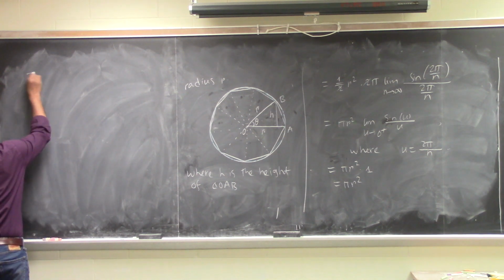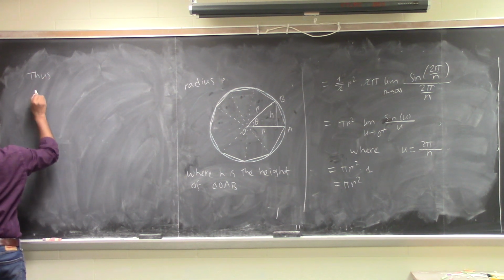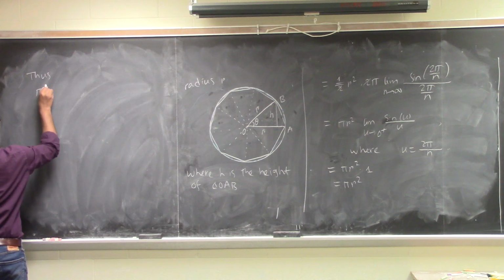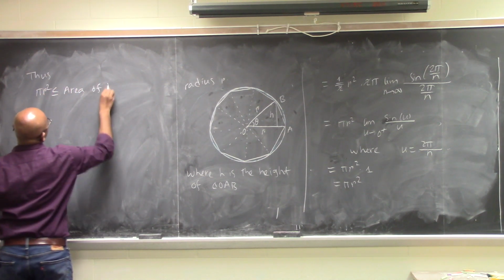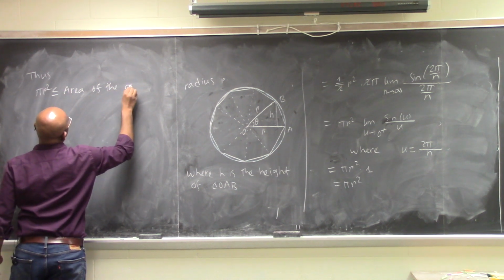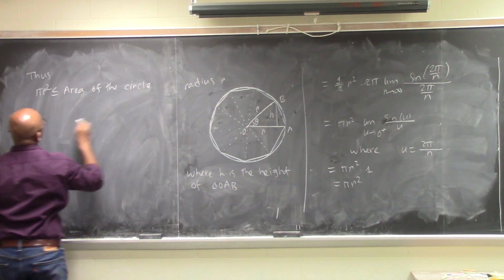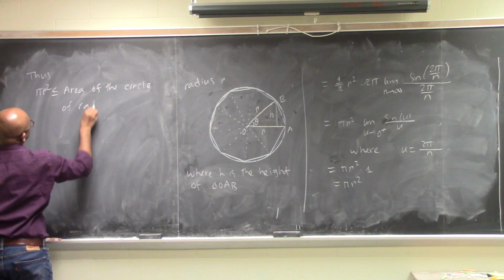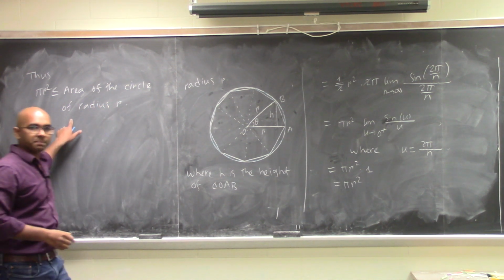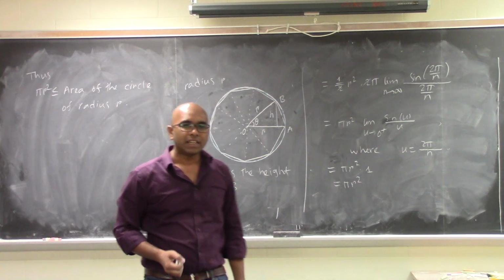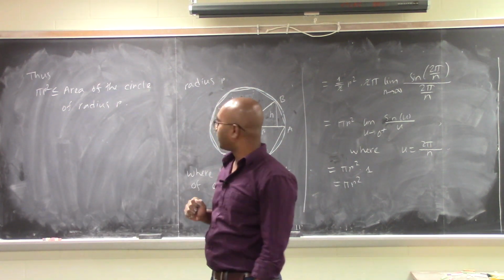Thus pi r squared is less or equal to the area of the circle of radius r.